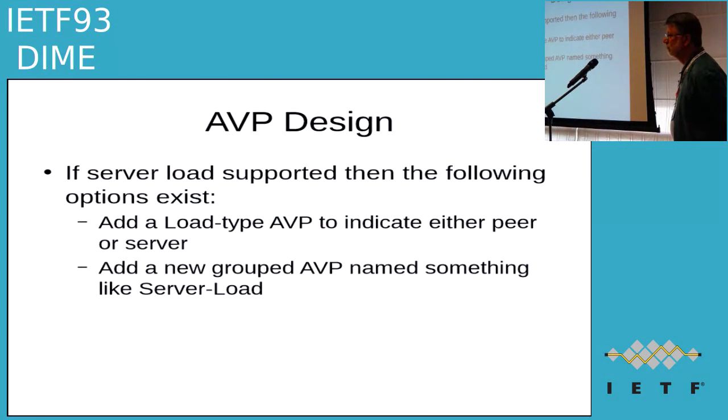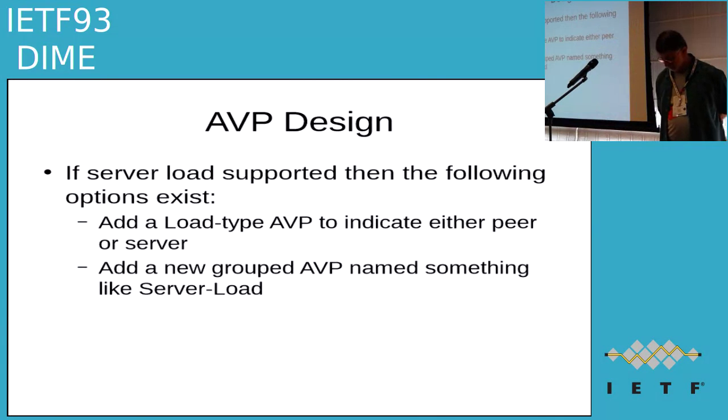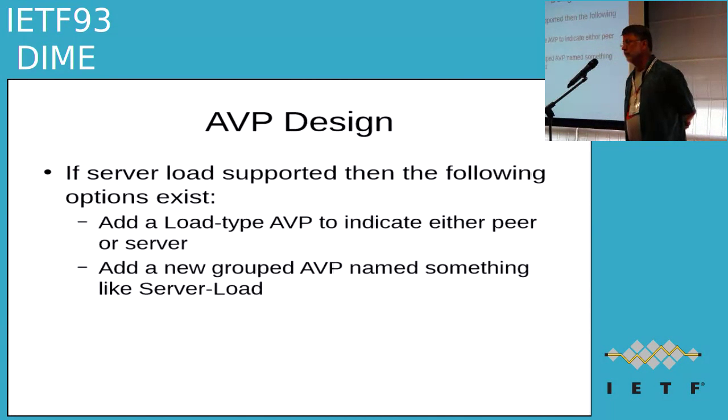I have one question. Just one second. Perhaps on these two possibilities, I would have a trend towards the second one, so a new grouped AVP, maybe for two reasons. First, in some networks, they may only use the peer selection, so they may decide not to use a server selection. So for them, it would be the load.